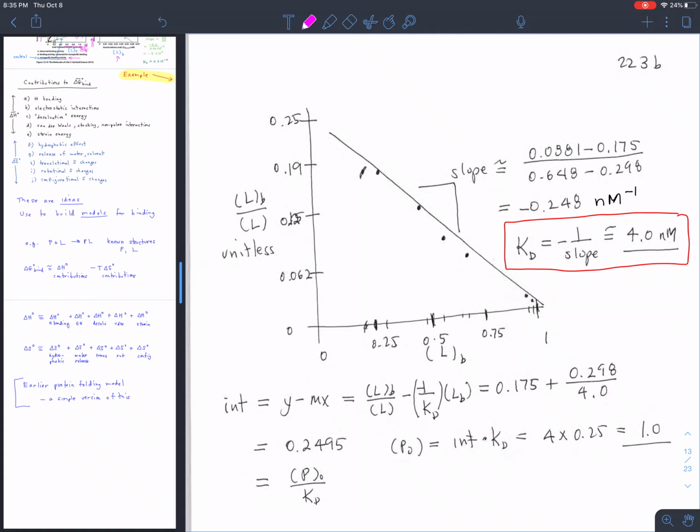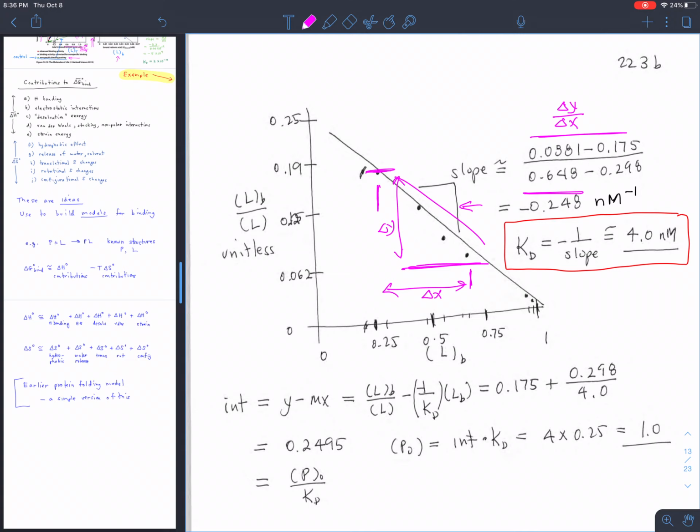And we calculate the slope. In this case, the slope is delta y over delta x. So we're taking the difference between two numbers along the y-axis here and dividing them by those same two numbers along the x-axis. So this is delta x, this is delta y. And that gives us a number, it's going to be a negative number because you've got a negative slope here, obviously.